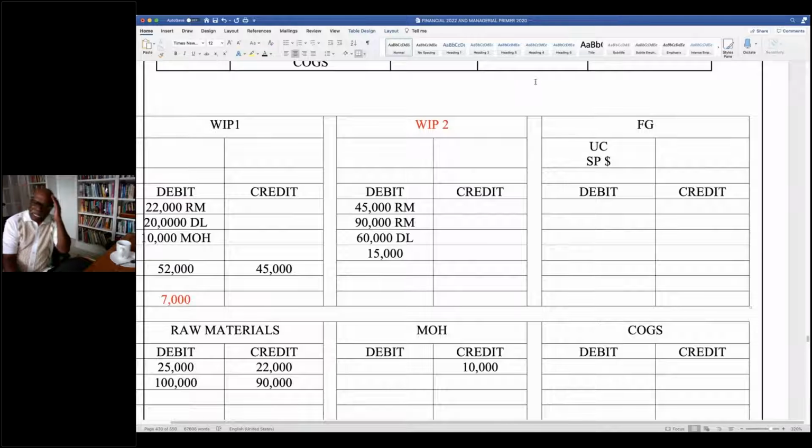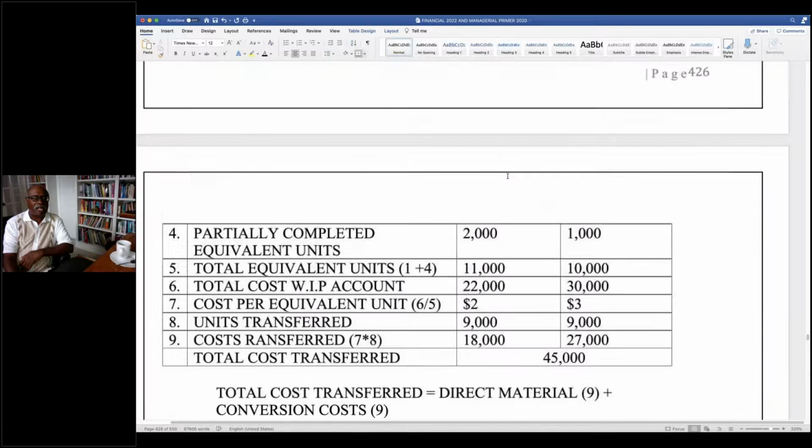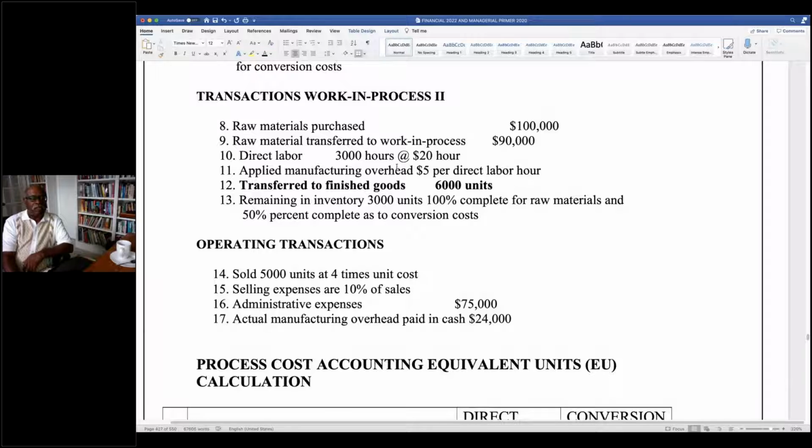So the question now becomes, let's go to the next journal entry. We transferred 6,000 units. How many were we working on initially? We're working on 12,000 with process 2. How many did we transfer in? 9,000.